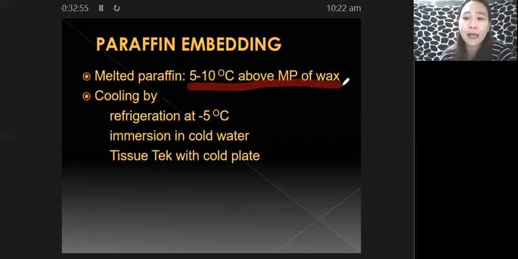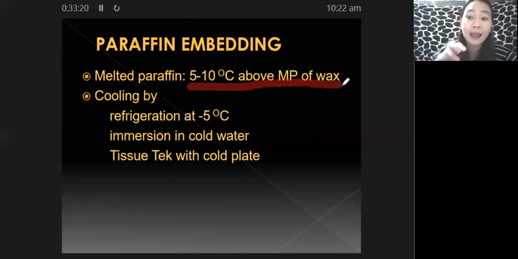Pag nag-embed ka naman, class, hindi na siya inside the paraffin oven. You don't maintain it at a particular temperature for a period of time. Yung melted paraffin wax lang talaga siya. Yung embedding, we perform it at normal temperatures, at room temperature, whatever is the temperature in your laboratory.